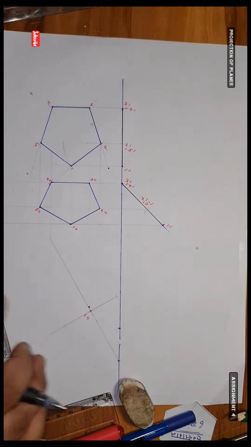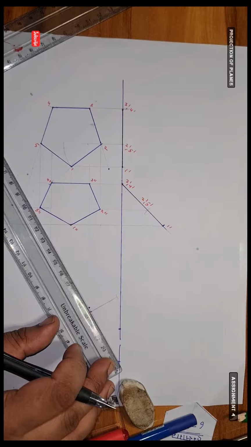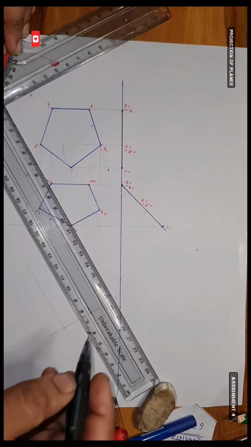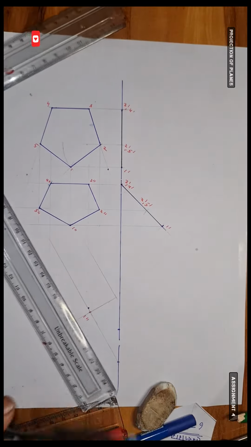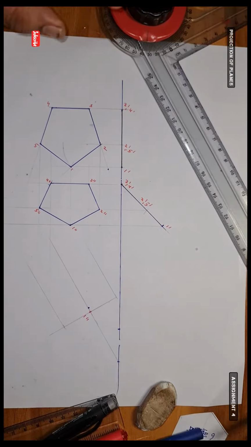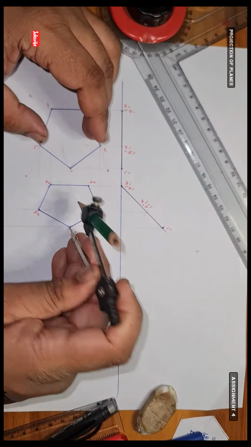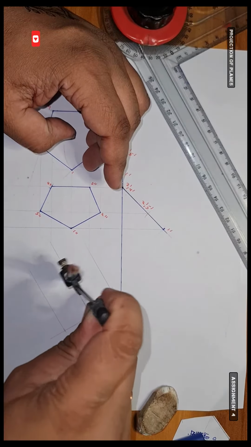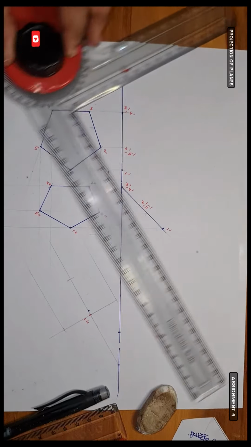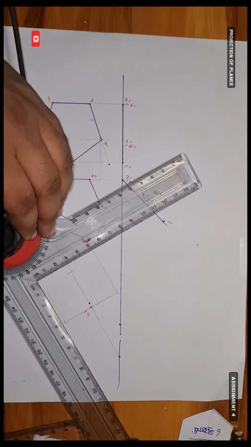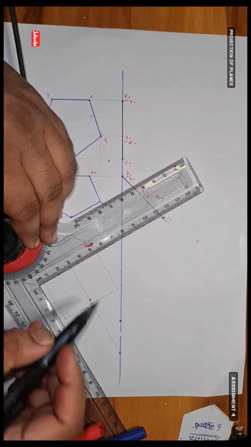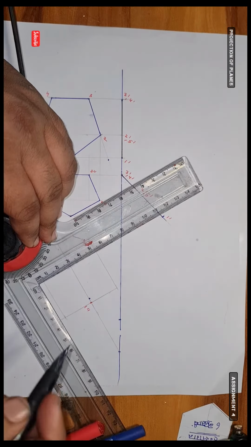Now again take a pencil, make parallel lines like this in order to rotate this box. You need to take the height of this box like this from 1. This is the height, and take a pencil again and close this box like this.